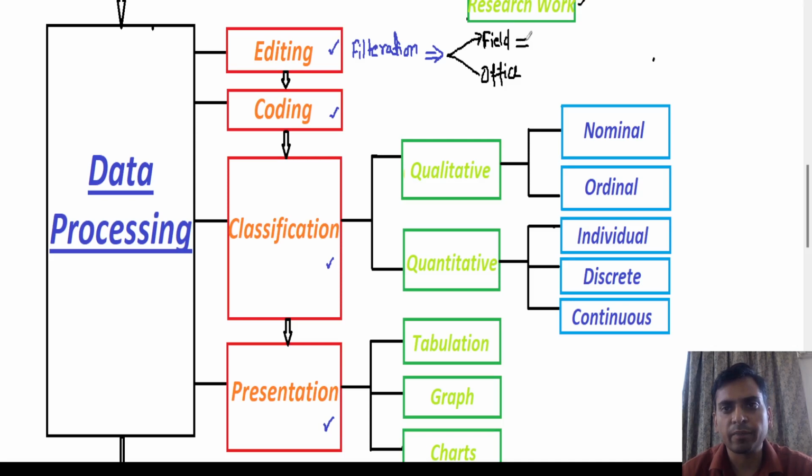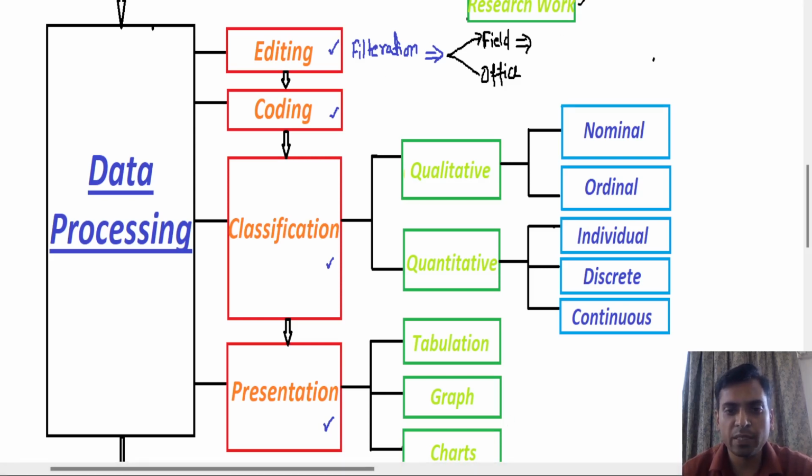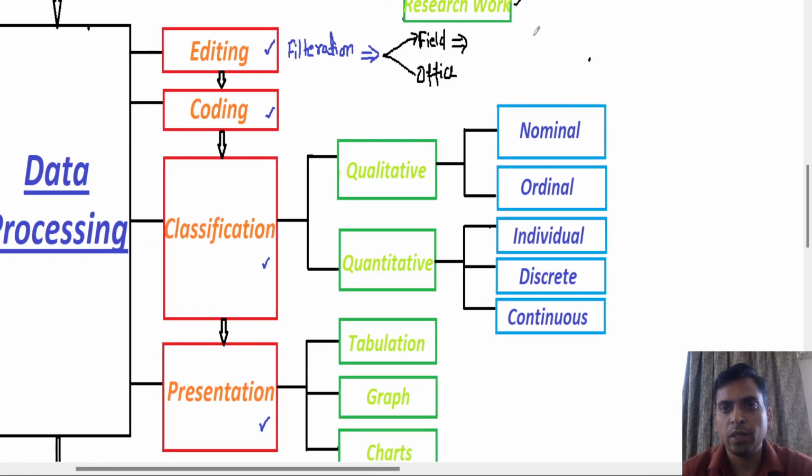So what is field editing? Field editing is done by the data collector on the spot. Suppose we have 4 pages in a questionnaire. If we write a direct question, what do you want to eat, no one will be interested in filling this form because there is no name, no contact number, no information. So you need to put name also in the questionnaire. Suppose the first page is totally based on personal information, your address or contact number and other things.